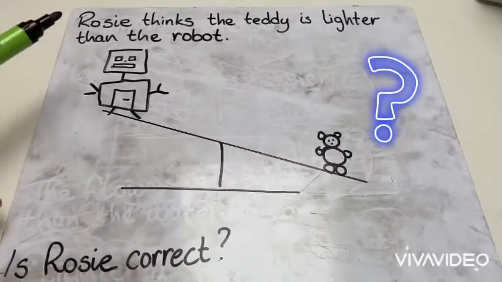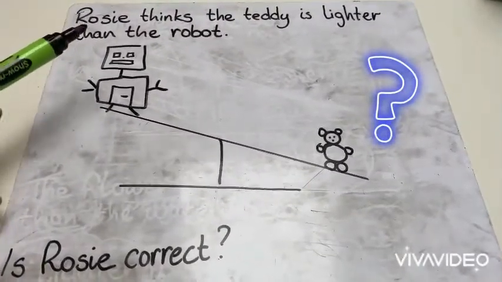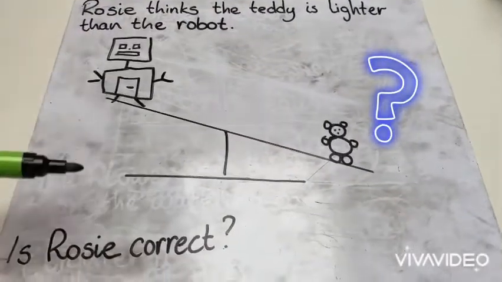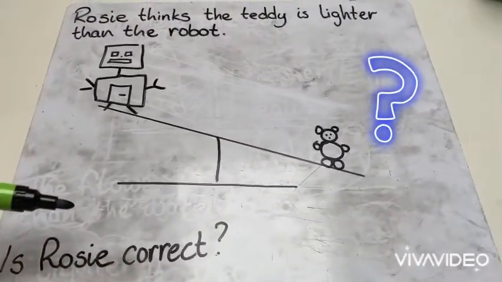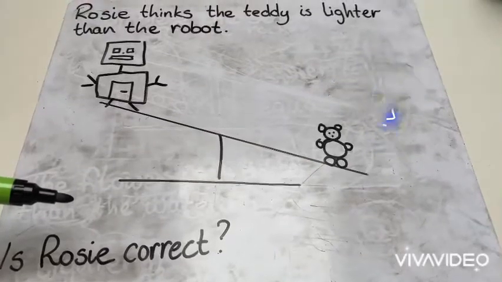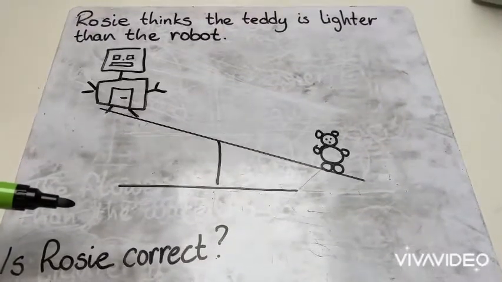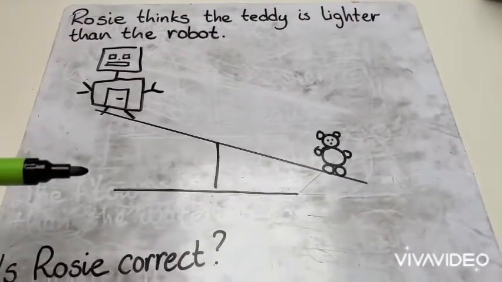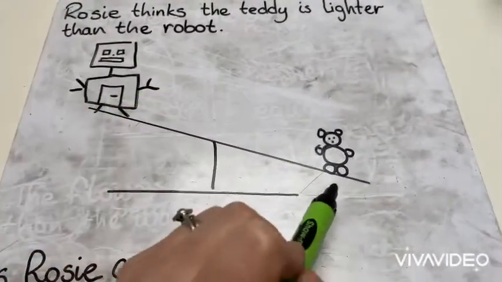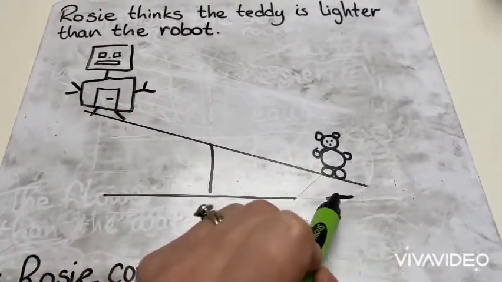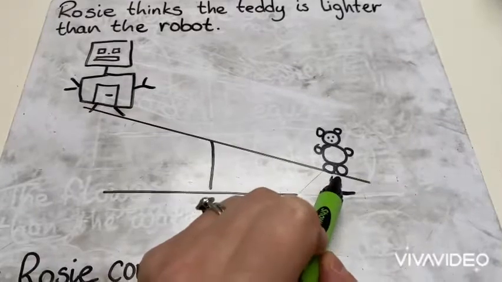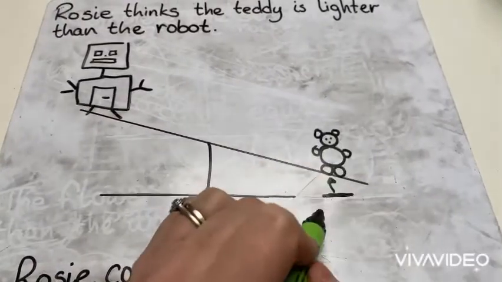Rosie thinks that the teddy is lighter than the robot. Is Rosie correct? What do you think? Let's check. Now my teddy bear is the one who is closest to the ground. So that means that he is the heaviest.